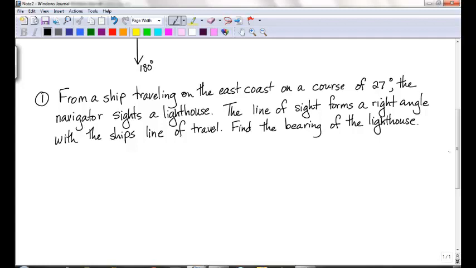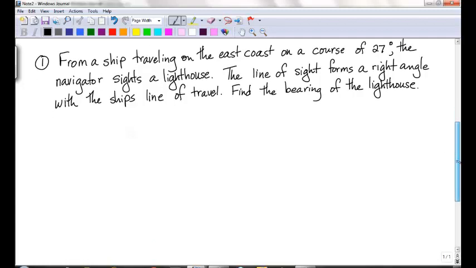So the ship is traveling on the east coast on a course of 27 degrees. Here's my land. The ship's out here. Now you may have to adjust these as you draw your pictures, but the ship is on a course of 27 degrees. When you do these pictures, don't do a micro mini picture.